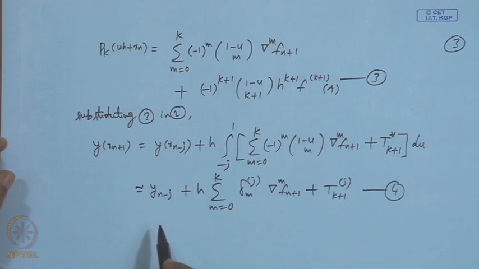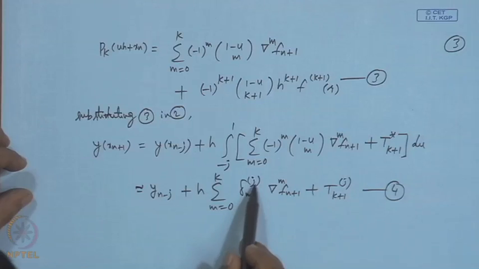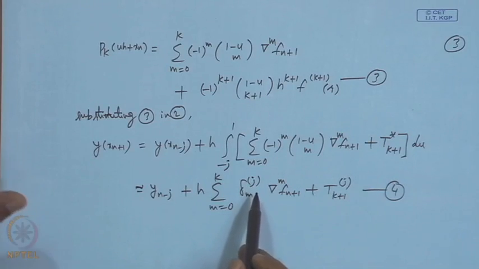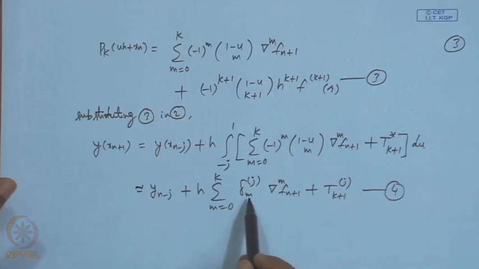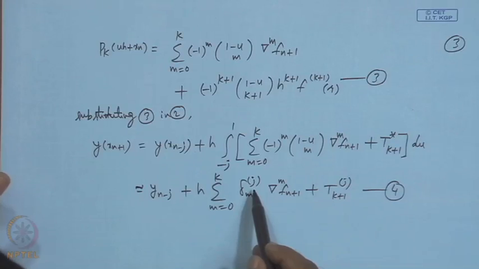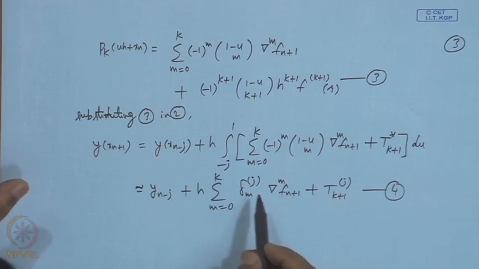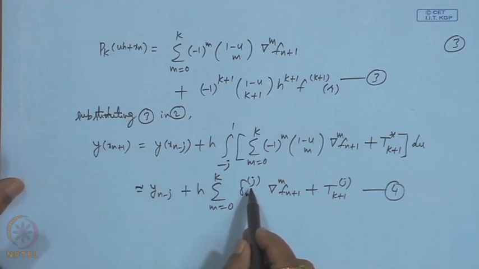Now, look at it. In the explicit method, if you could recall, we have defined gamma m 0 and in this case delta m j. So, what is the difference? In the explicit case it is only one interval, x n to x n plus 1, whereas here x n minus j to x n plus 1. So, this is the indication of the length of the interval. If the length of the interval is just 1, we are using 0, and if it is x n minus j to x n plus 1, we are using j.